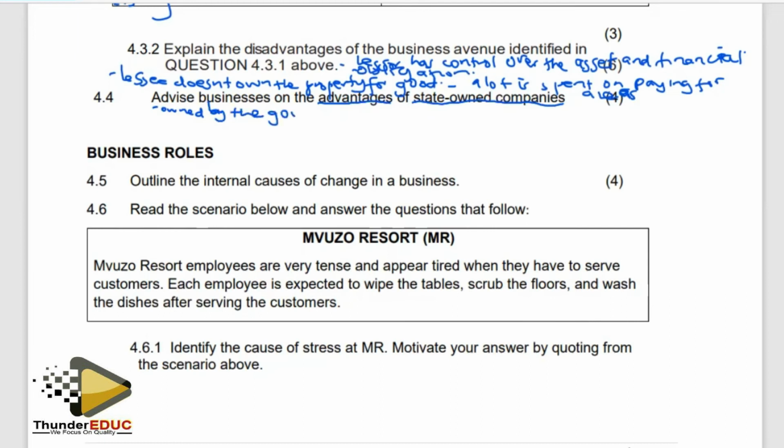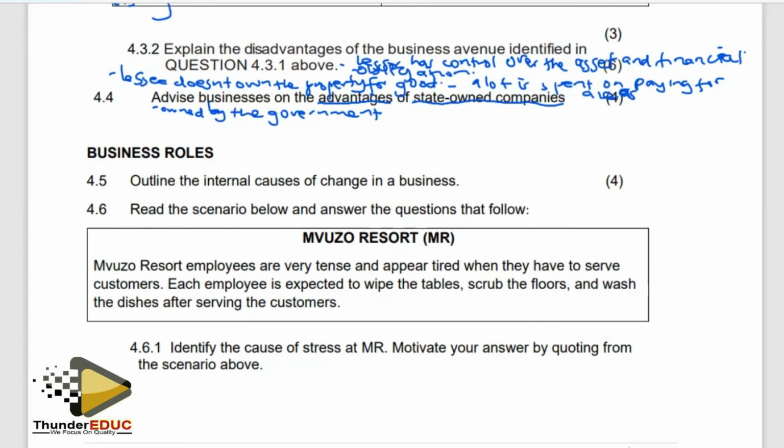The government may employ certain individuals to operate them on their behalf, but the profits and revenues collected go to the state, to the state finances. You get that? Basically, there are so many reasons why the government starts such businesses.